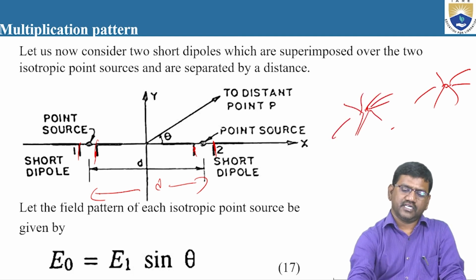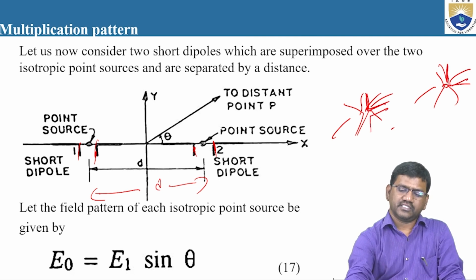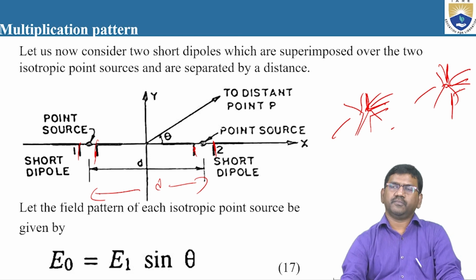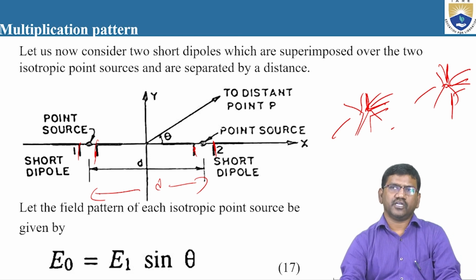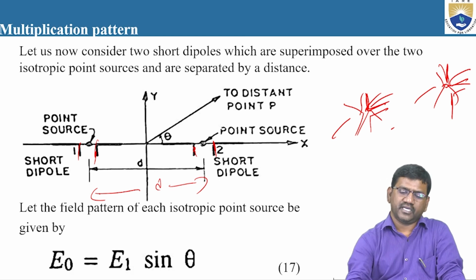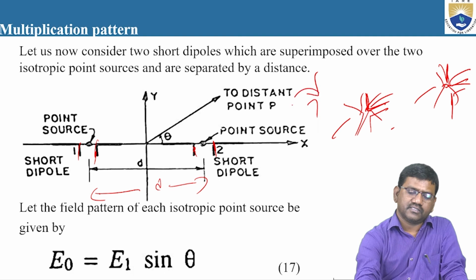And also we have considered one dipole here. For this dipole, the radiation pattern will not be similar to the point source. But we have combined them, that means a dipole and the point source have been combined here. A dipole radiation pattern will be like this.